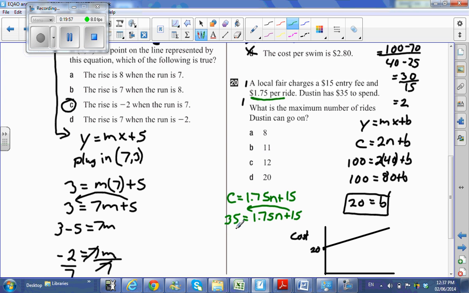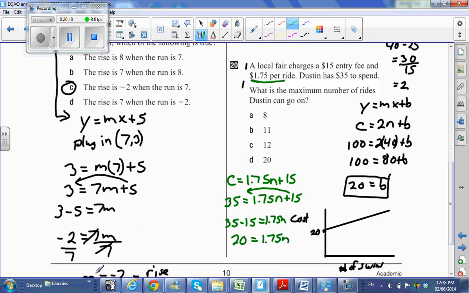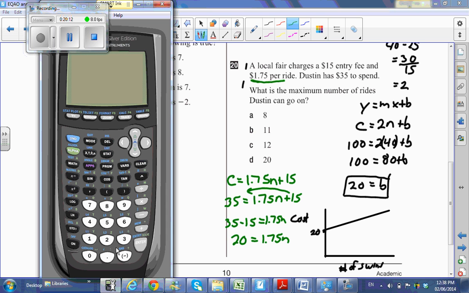So we're going to move the 15 over. So we get 20 equals 1.75 n. And I think I know what's going to happen here, but let's go ahead and divide.